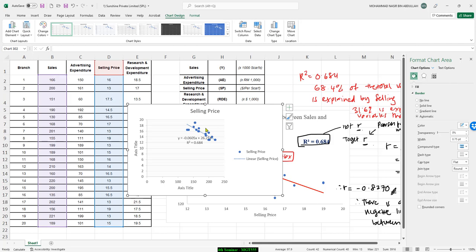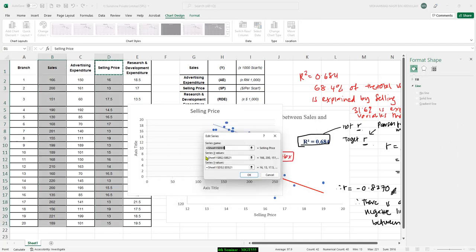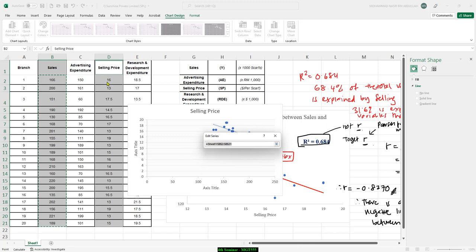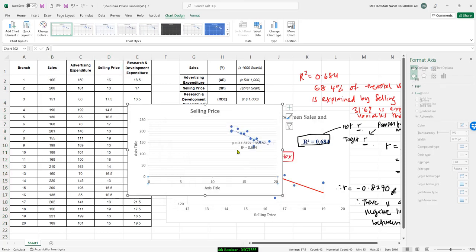So the same thing. If we look here, the x axis and y axis are not the same. Select data, edit, what x axis should be this value, y axis should be this value. Right? So we see the trend line here.